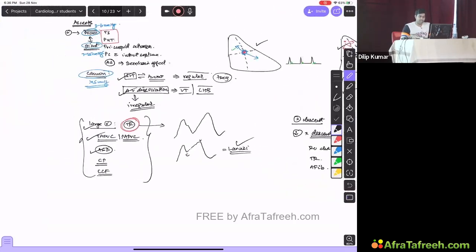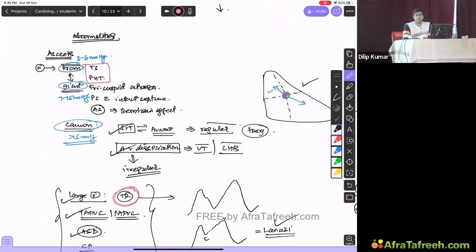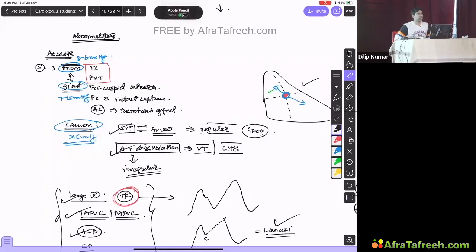Okay, that's all. I think it's done. Almost all the important changes in the JVP have been covered. So what are the bare minimum things that you need to know as far as abnormal JVP is concerned? Prominent A wave: tricuspid stenosis, pulmonary hypertension. Cannon A wave: SVT or AV dissociation due to complete heart block or ventricular tachycardia.